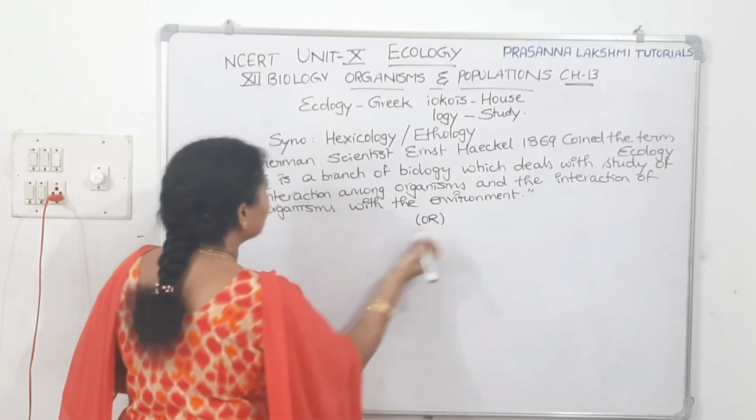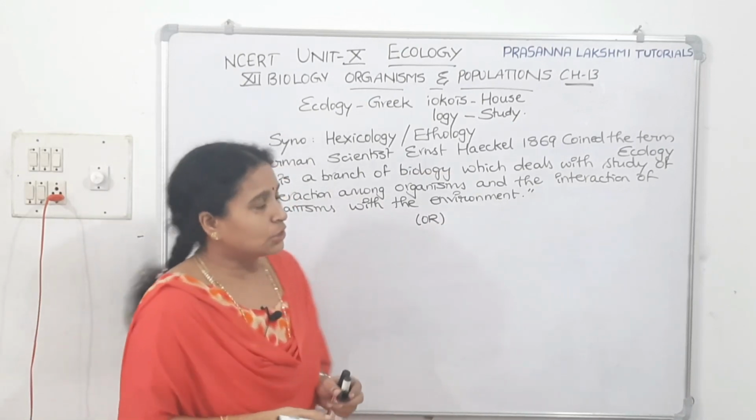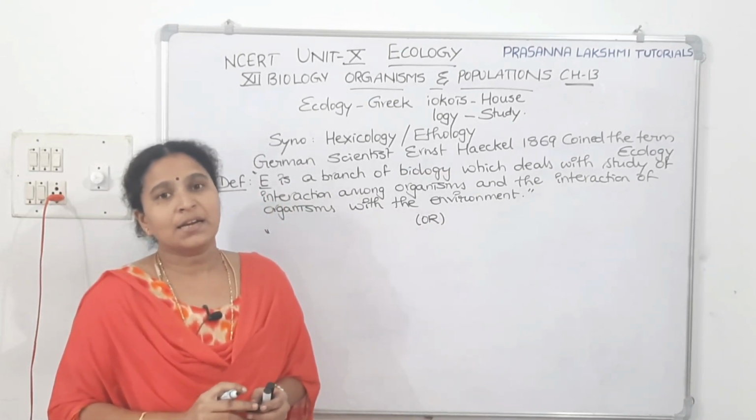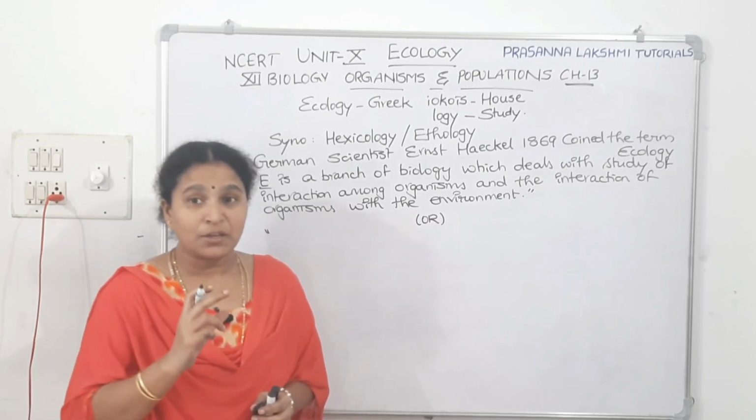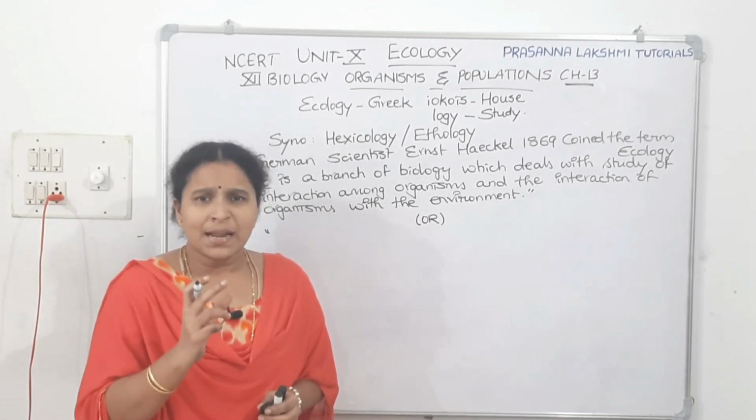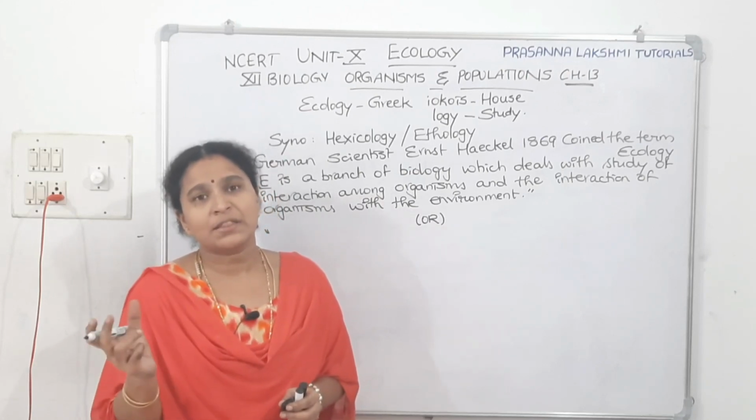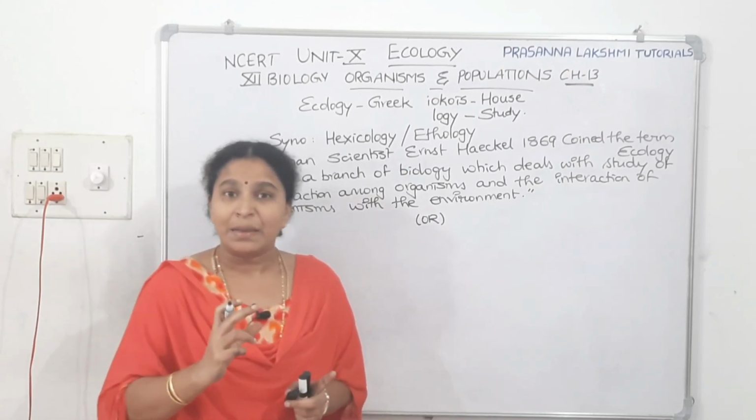We can go with another definition of ecology also. Instead of telling interaction among living organisms, we can tell interaction among biotic factors. Instead of telling interaction of living organisms with non-living things, we can tell interaction with the abiotic factors.